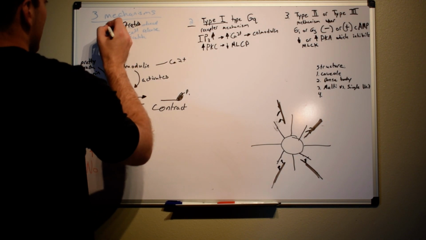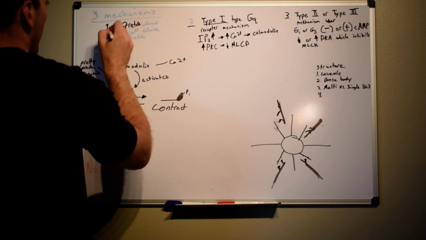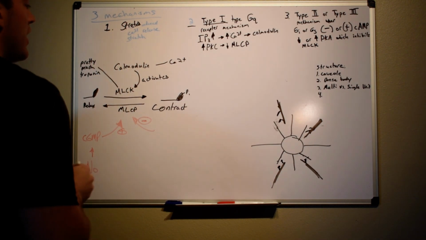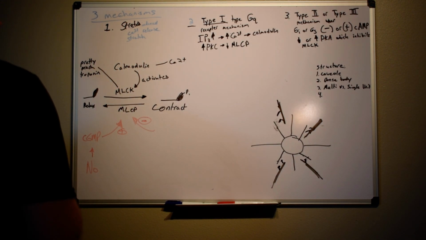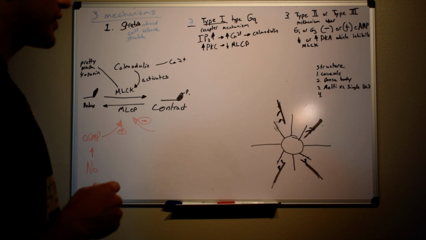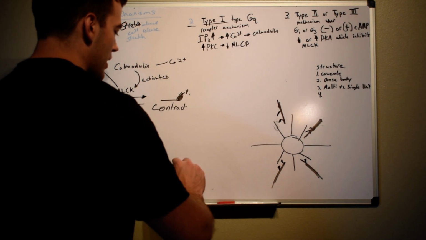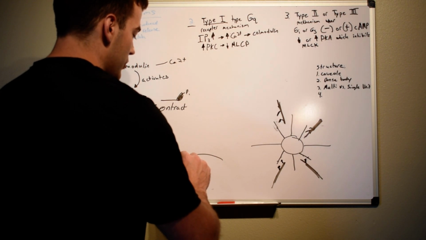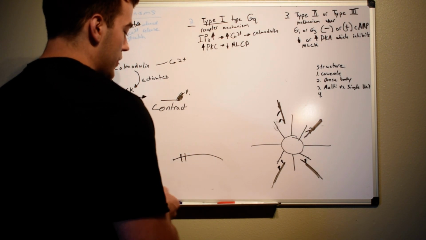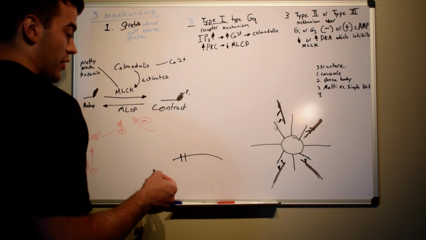Our first mechanism of stimulation for muscle cell contraction is stretch-induced calcium release. That means there's a receptor on the outside of a smooth muscle cell called the calcium receptor.